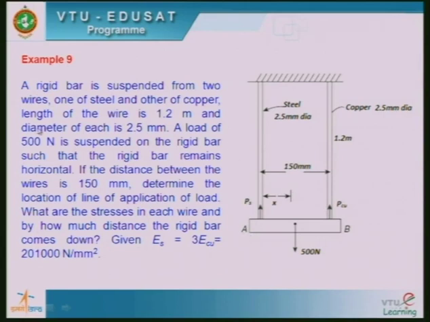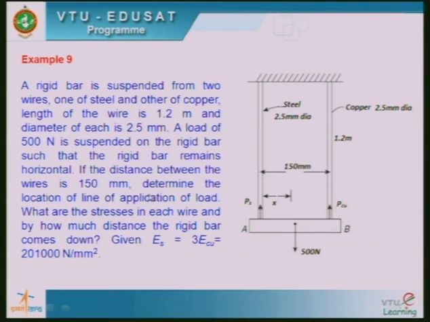Now, a load of 500 newtons is suspended on the rigid bar such that the rigid bar remains horizontal. We are applying a load of 500 newtons. The load is applied in such a way that this bar does not rotate, means it remains horizontal. Next, the distance between the wires is given as 150.